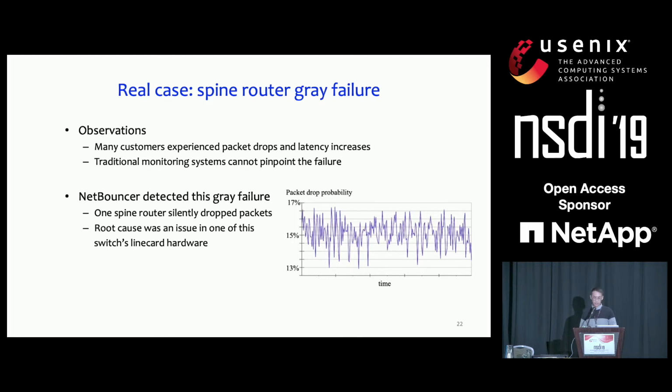The y-axis is the packet drop probability, which is about 15% in this case. And usually, the link should drop less than 0.1% of the packets. The root cause of this gray failure is a bug in the line card of a spine switch. Because this is a spine switch, it affects a large region of the network. Without NetBouncer, it would be really tricky to find where the problem is.